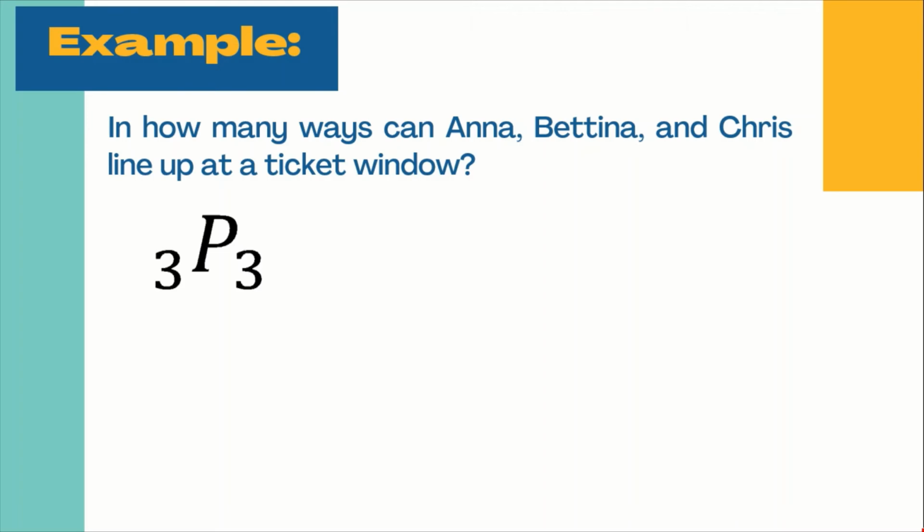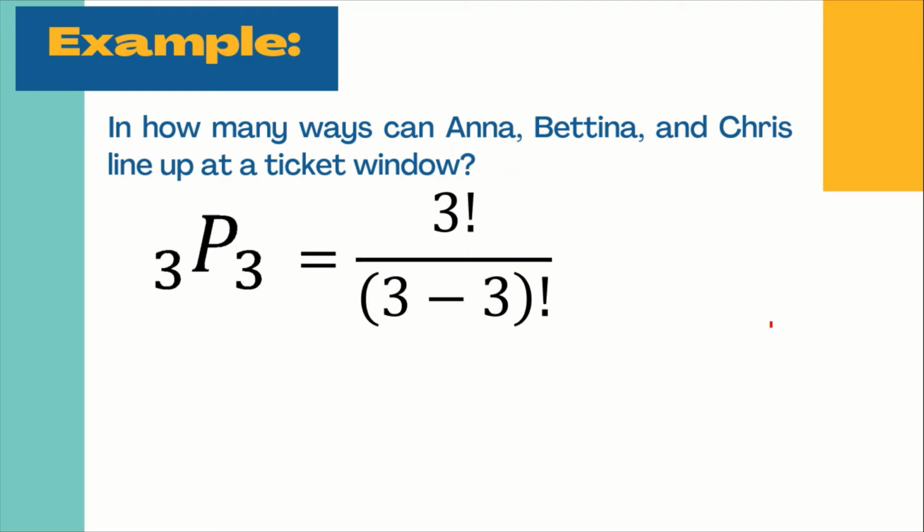Now, following yung formula natin kanina, we have n factorial, so 3 factorial over n minus r, so 3 minus 3 factorial. So, pag sinimplify natin ito, we have 3 factorial over 0 factorial. But we all know that 0 factorial is equal to 1. So, magiging 3 factorial lang ang value nito.